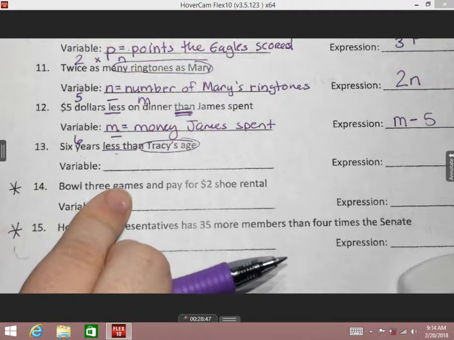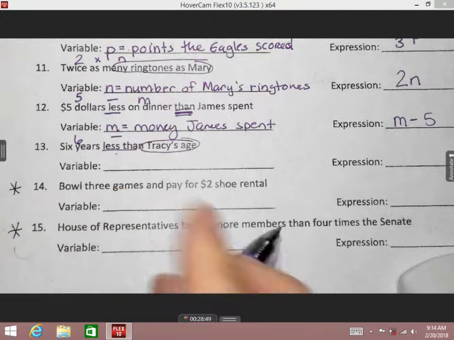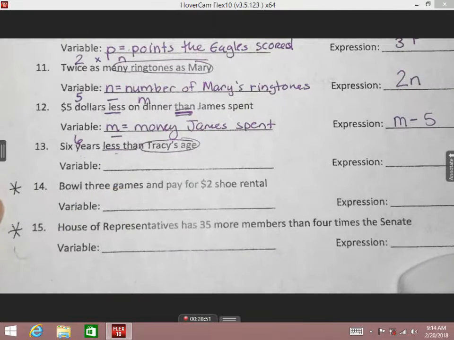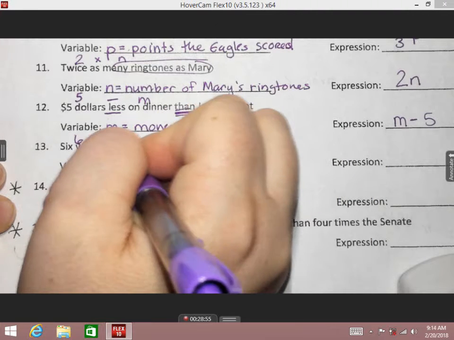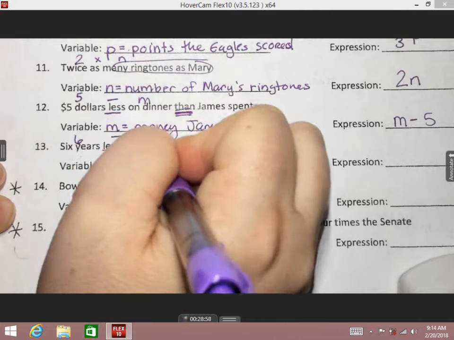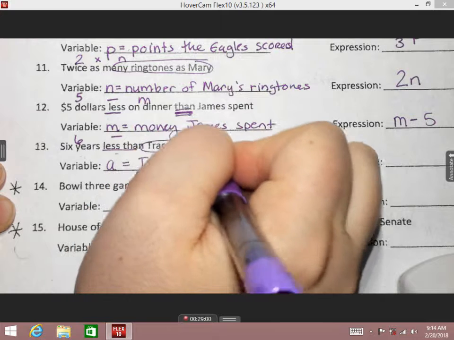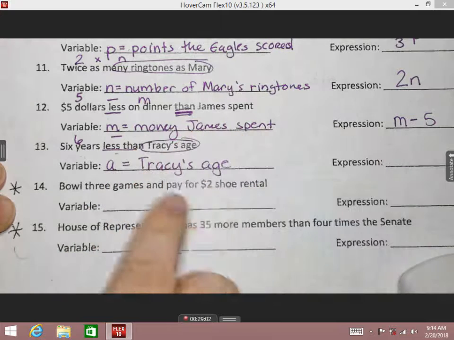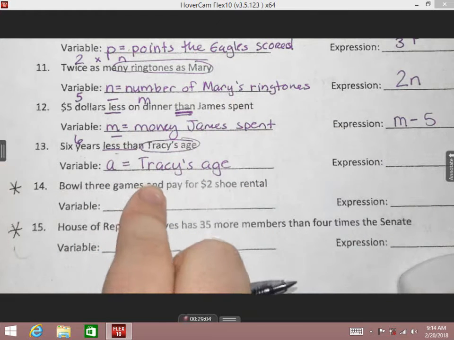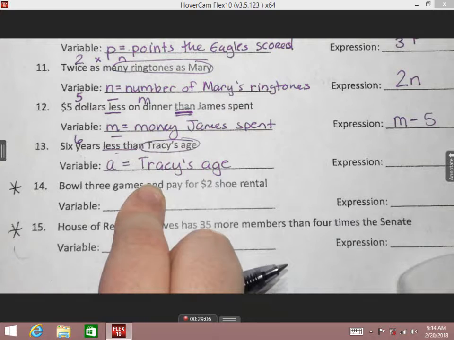All right, and what variable would y'all like to use? We can use N for the number of Tracy's age, or we could just use A for Tracy's age. We could use, guys, I would avoid using T's because a lowercase t looks a lot like a plus sign.